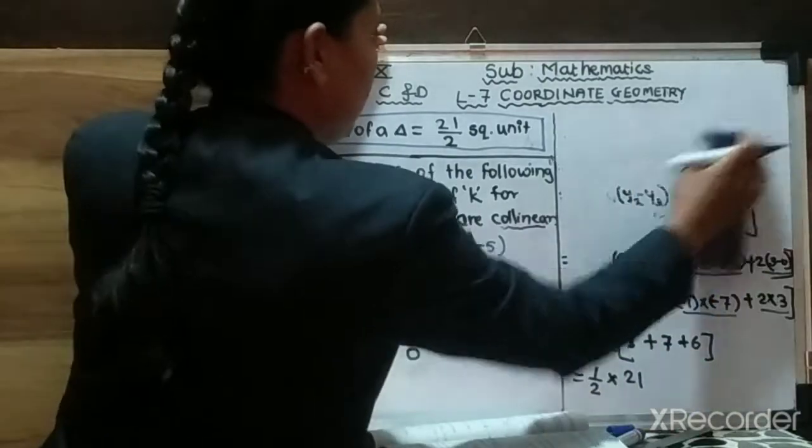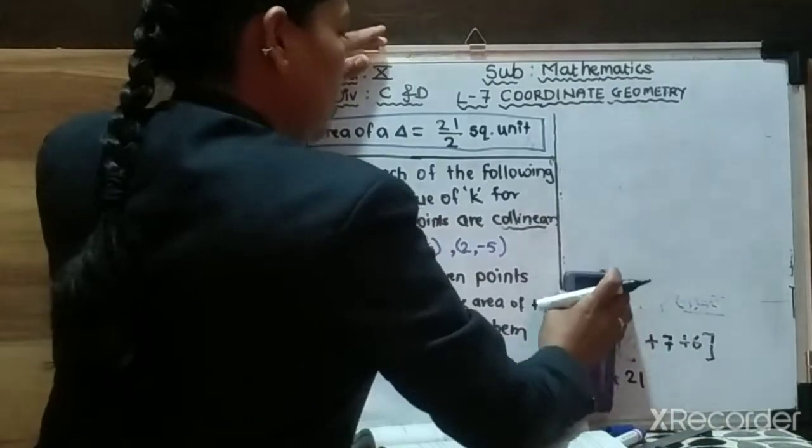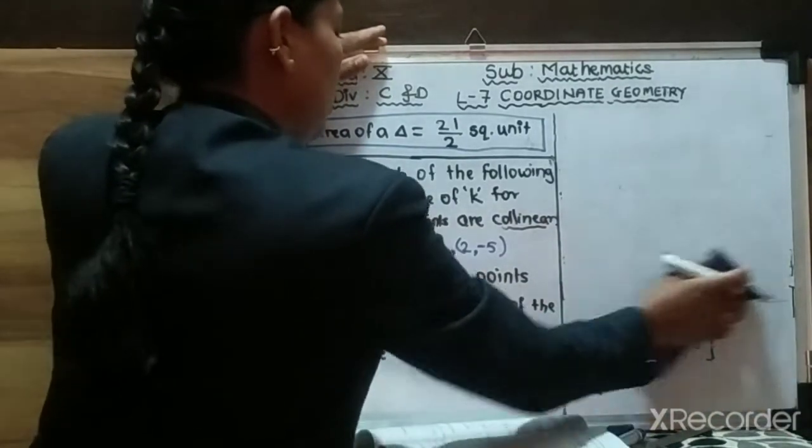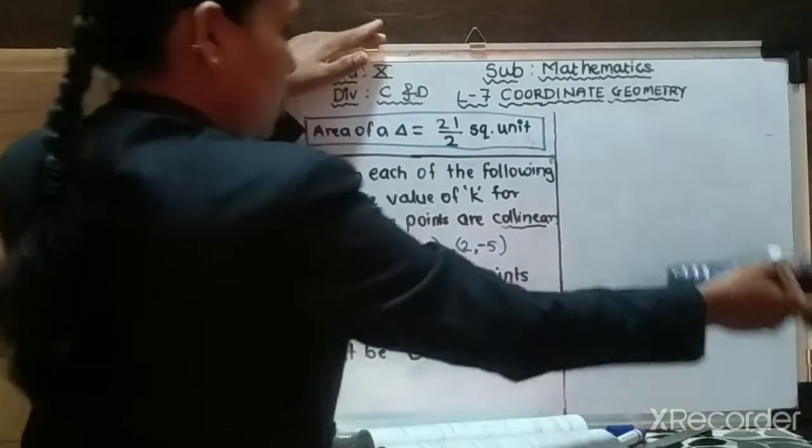So in the similar way we are going to find out as we have solved the earlier sum. First we will go for the area of a triangle which is equal to 0.